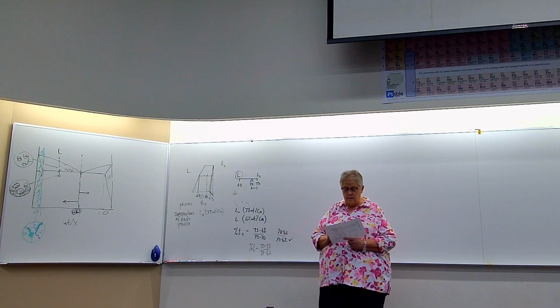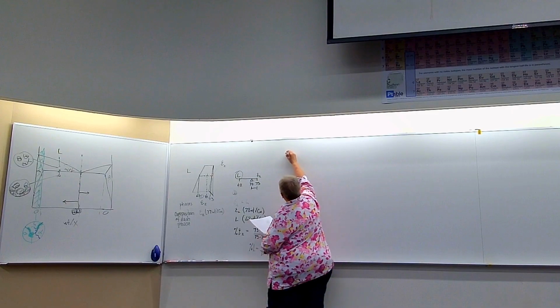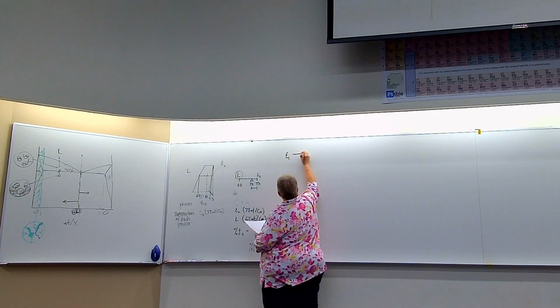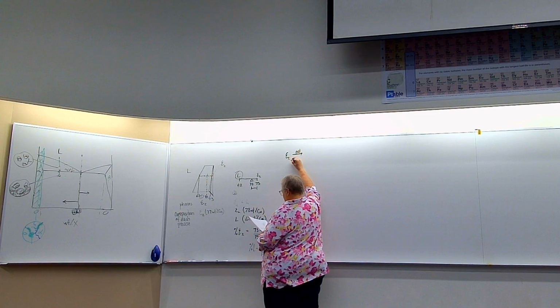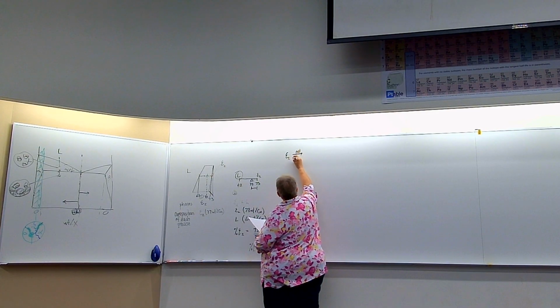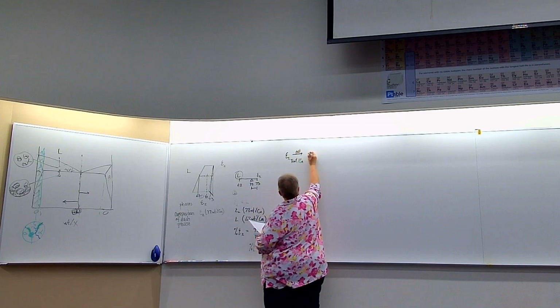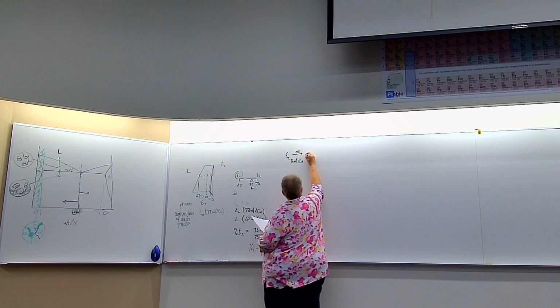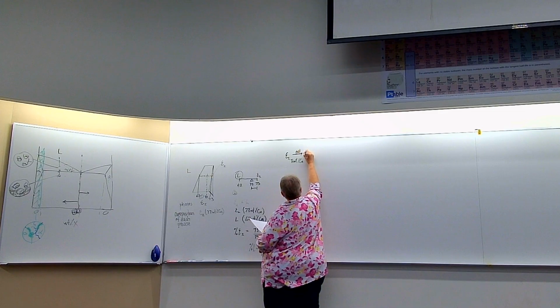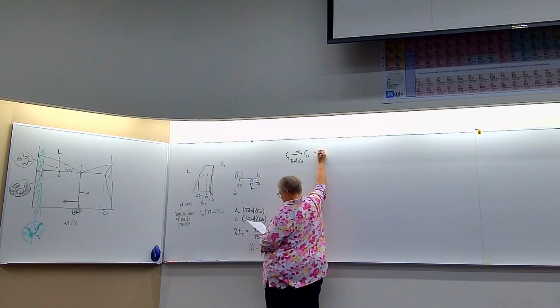Let's see. You might be able to find beta 2 on cooling, and that's when beta 2 is, let's say 76, goes to, whatever that is, eta 2 plus delta.